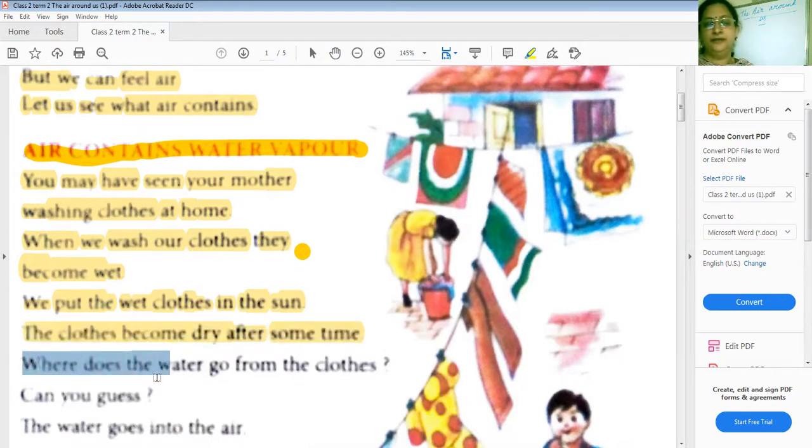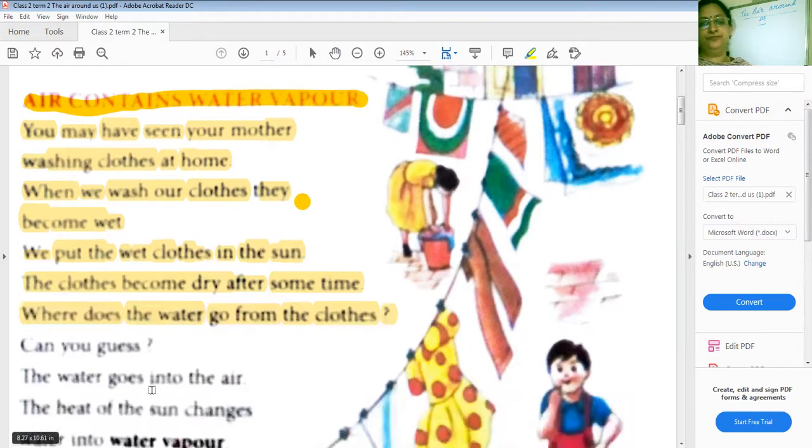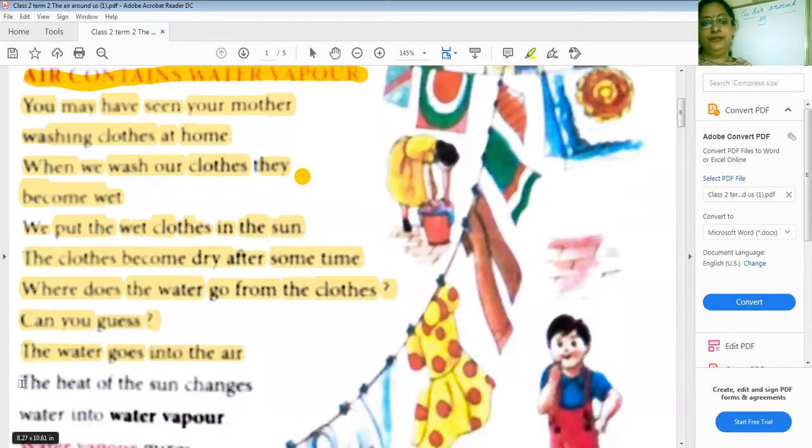Where does the water go from the clothes? Can you guess? The water goes into the air. You have to read after teacher.